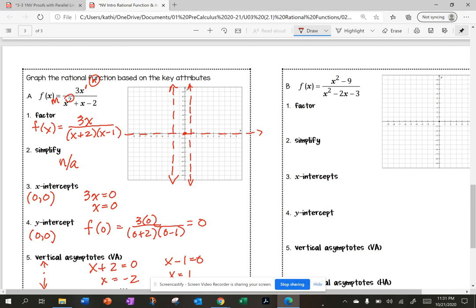So I'm going to draw that in. I'm going to write what these are: y equals 0, x equals 1, x equals negative 2, because I'm going to expect you to draw these in. I'm going to make sure you see that.